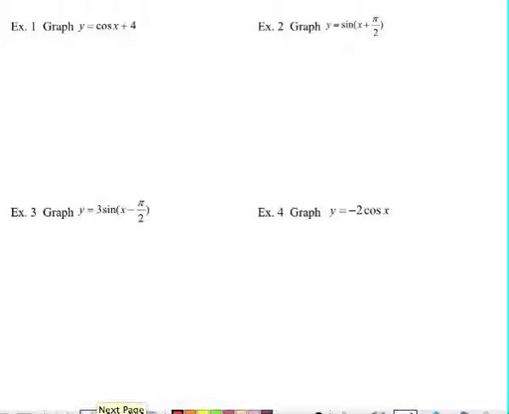In example 1, if I'm going to start shifting left, right, or up and down, the first thing you're going to do is graph y equals A cosine bx. Then step 2 is you're going to shift h or k. Sometimes it's both, sometimes it's just one of those.